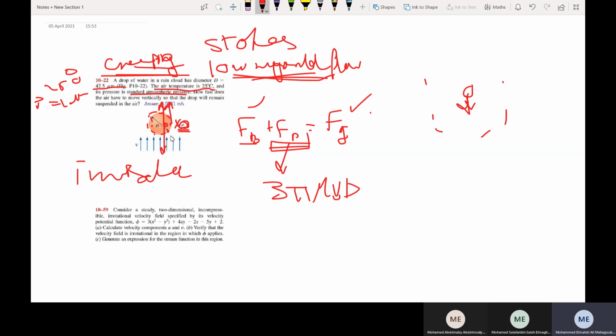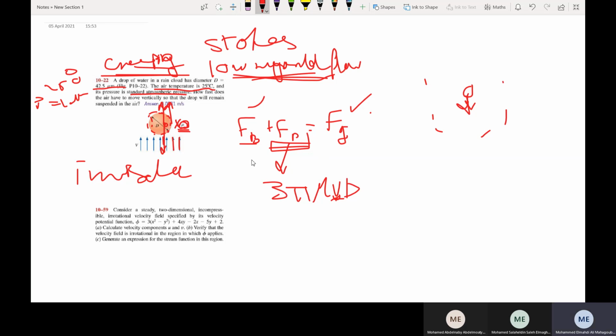So if the air is moving and the ball is fixed, or if the ball is moving and the air is fixed, still it is the relative velocity between them. Nothing will change, except that in this problem we need to calculate the velocity of the air. Keep this in mind. You will use the relative velocity. If both of them are moving, of course, you need to see what the relative velocity between them is.